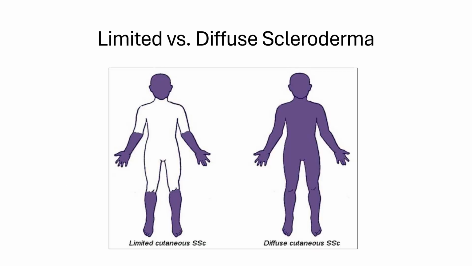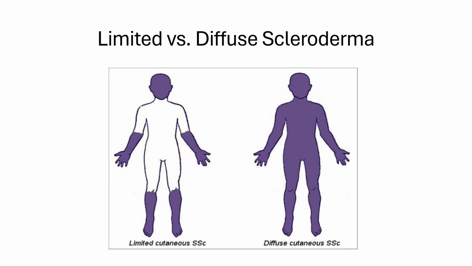When we think about systemic sclerosis, it's helpful to distinguish between limited or diffuse scleroderma. This image helps you understand what makes the differentiation. It's really the extent of the skin thickening. So limited can have involvement from the elbows down, the knees down, or the face.